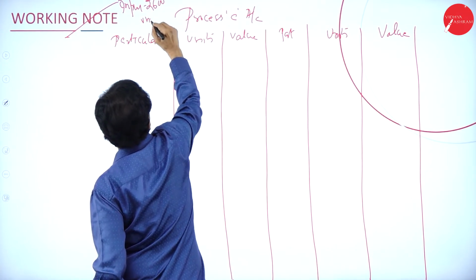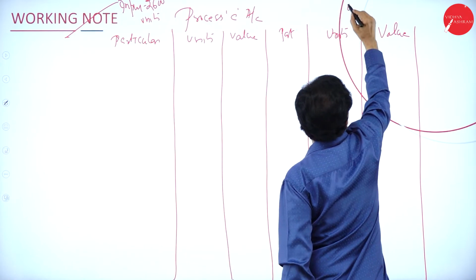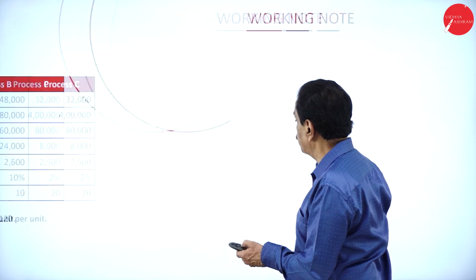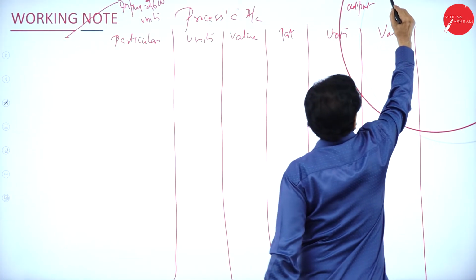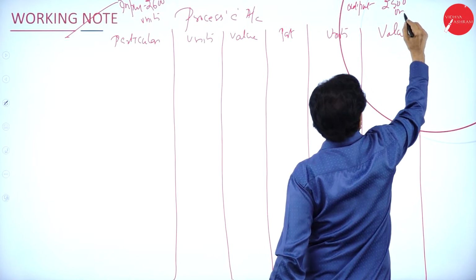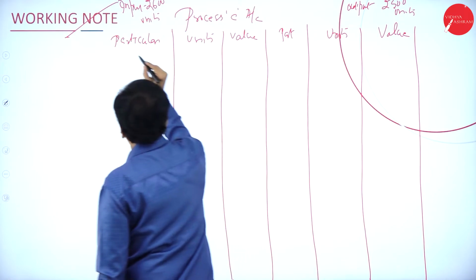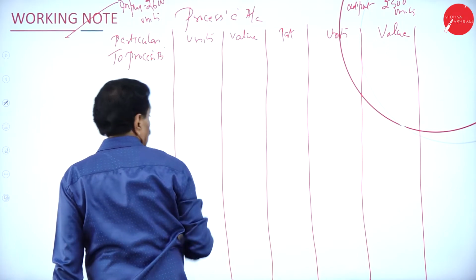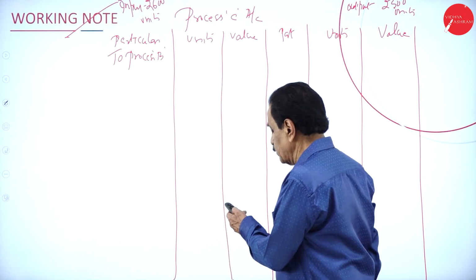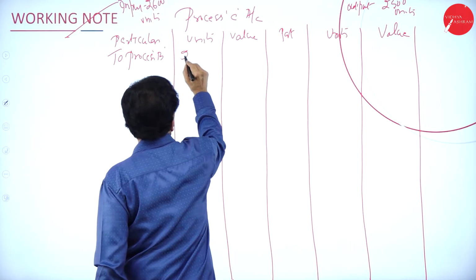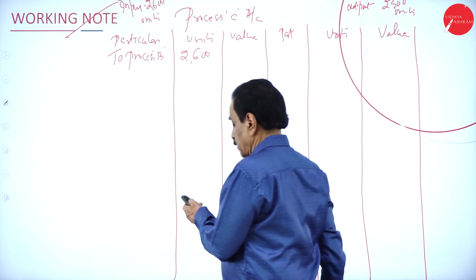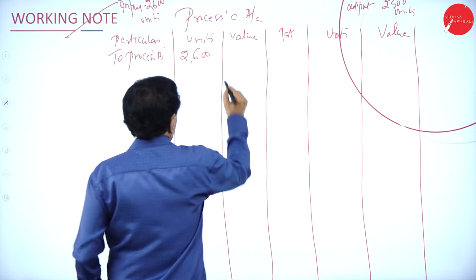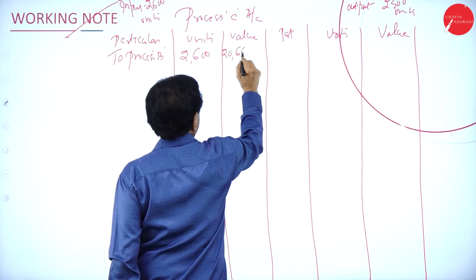This is in units. Your output, last one, your output is 2,500. This is units. To process B value. Here 2,600 units. Value goes 20,66,083.